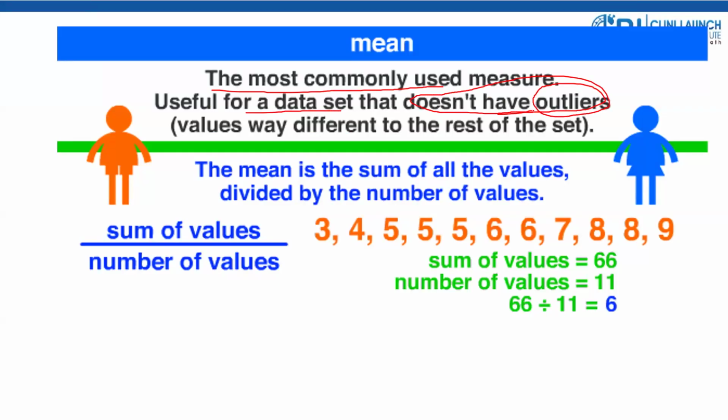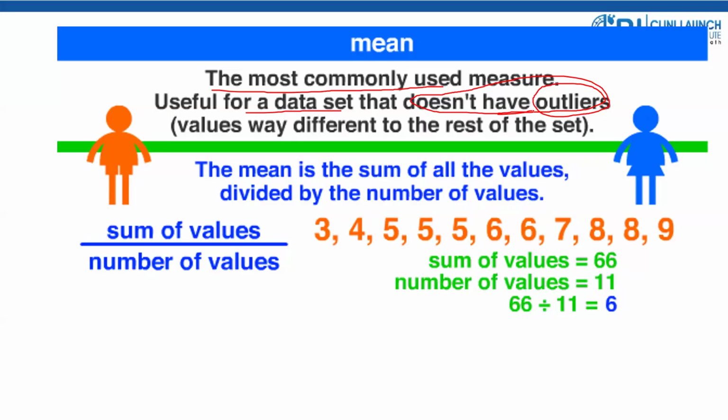Too extreme values, too minimum or too maximum. For example, the height of all the Indians is between 150 to 160. Somebody's height is 140 and somebody's height is 175. This is too much minimum and too much maximum, lowest and highest.